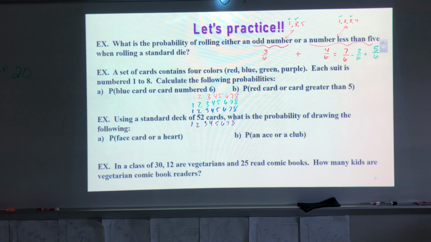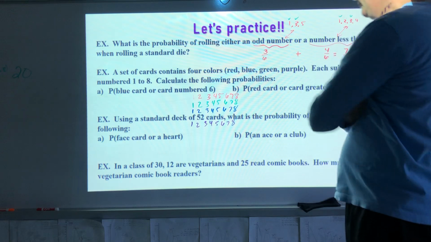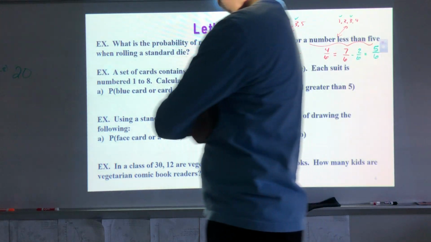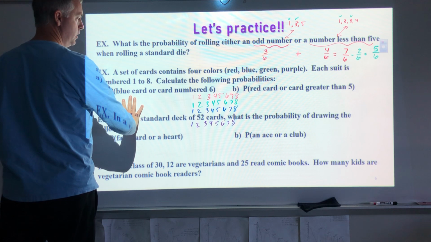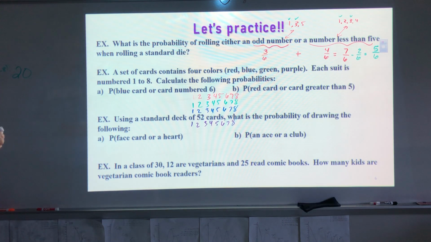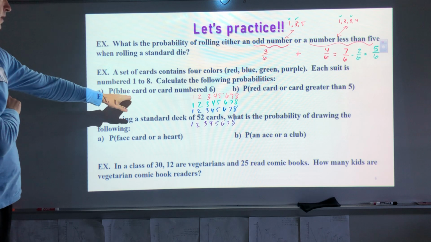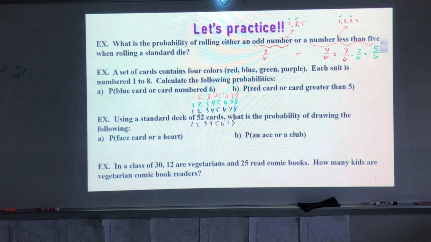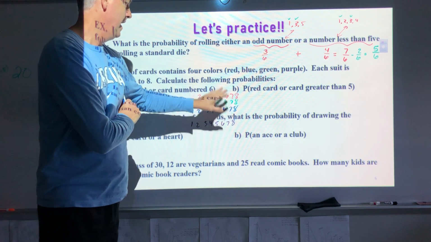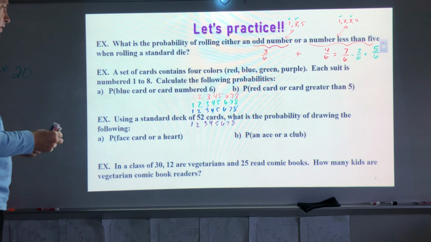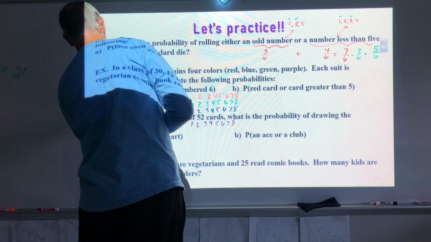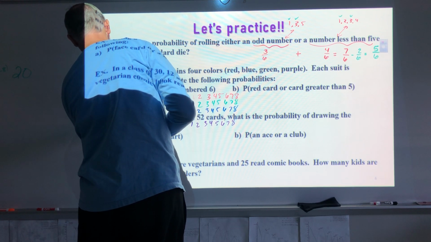So, with a visual here, it's going to make this much easier for us. This P means probability. So this question is reading, what is the probability of pulling a blue card or a card numbered 6? All right. So let's do the first part. How many blue cards are there? There's 8, right? How many cards total do we have? Well, it looks like we have 32. So we have 8 out of 32 here.